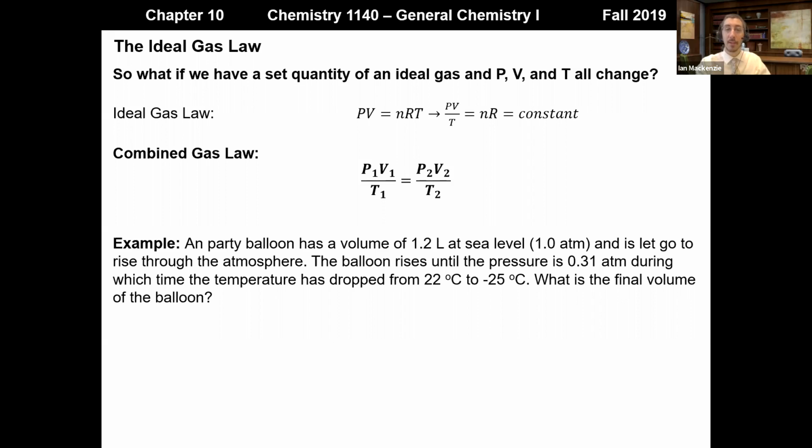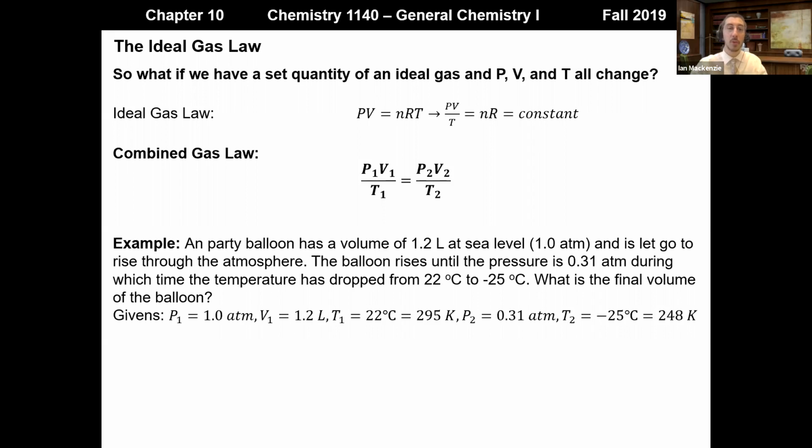So we can use our combined gas law here, and note that we know pressure 1, we know volume 1, we know temperature 1. All of that is given to us. We need to convert temperature to Kelvin in order to be able to use it. And then we also know our pressure 2 and our temperature 2, which must also be converted to Kelvin. That's crucial here because we have a negative sign that would give us a nonsensical value for our volume.